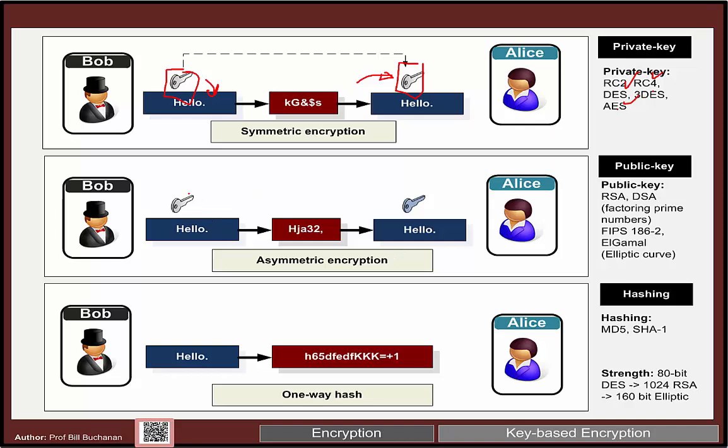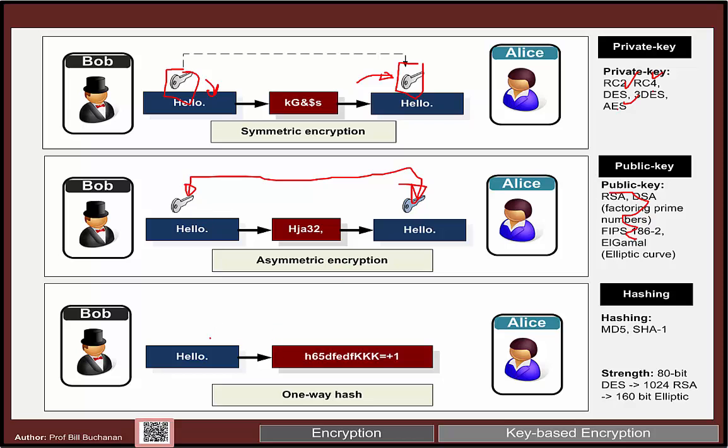And then public key encryption involves two keys, asymmetric encryption, where one key encrypts and the other key decrypts. We can use them either way, it doesn't really matter, but one is applied and then the other one does the reverse and gets the data back. RSA, DSA, and so on, ElGamal, are all public key methods.